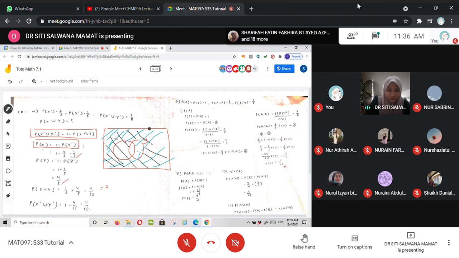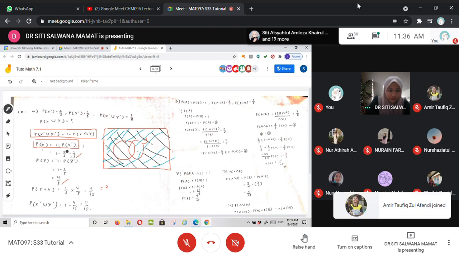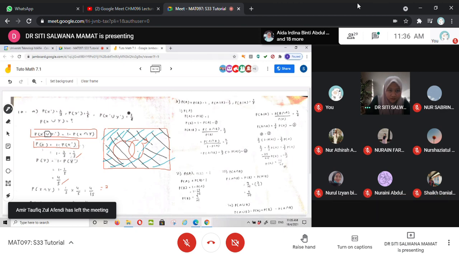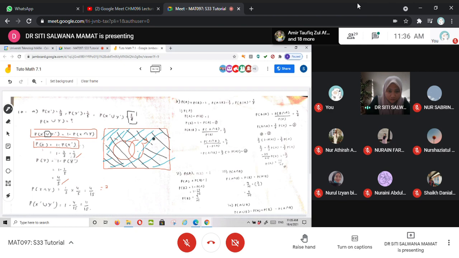Okay, but then you tengok this is union kan? Okay, kalau union, maksudnya all this. Okay, tak kisahlah dia ada satu line or two line, but then dia union. Okay, so 3 over 5 is the probability of all this. Except yang this part ni. Okay, betul tak? Except this. Yang ni lah.